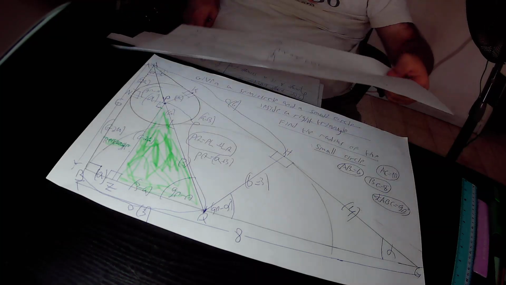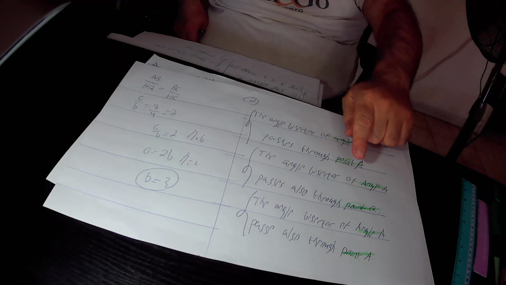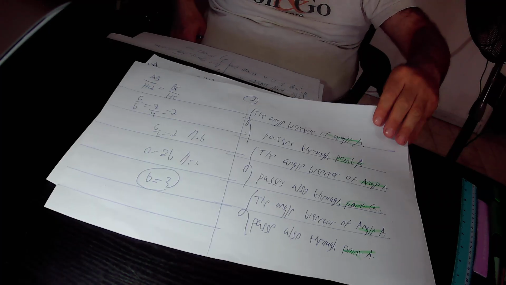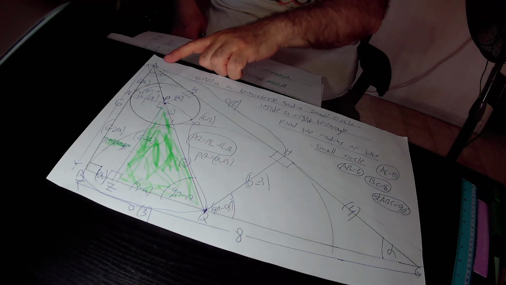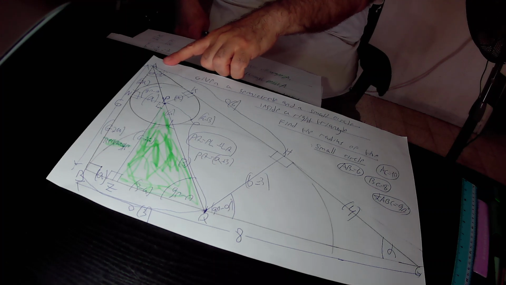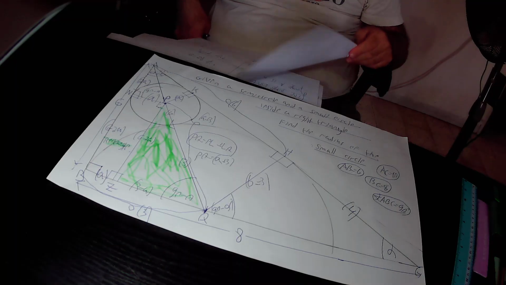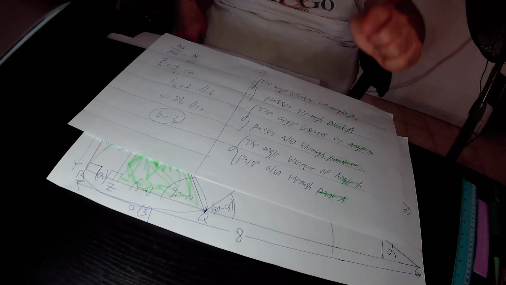So we found out that the angle bisector of angle A passes through point Q, the center of the big semicircle. And finally, it is very clear that the angle bisector of this angle A must pass through point A. So we can write down that the angle bisector of angle A passes also through point A.